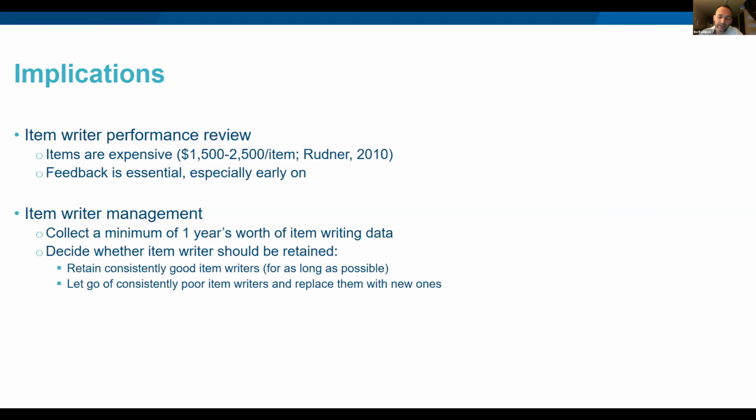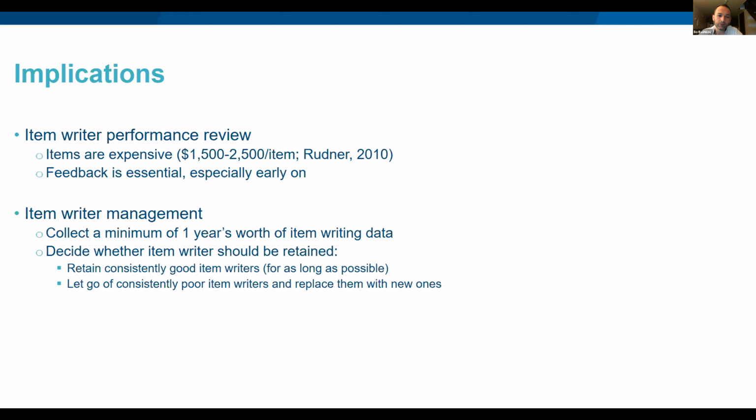So given this recurring expense, it is a very good question to ask, are item writers becoming better at producing items as they gain more experience? Our research shows not really. So we think feedback is very important, it is essential, and it should occur as early as possible.